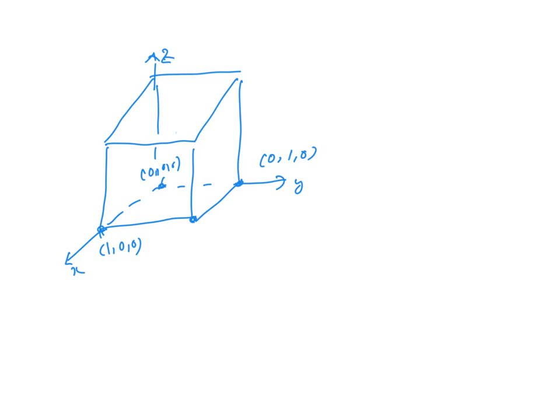This is 0, 0, 1. This point is 0, 1, 1. This point is 1, 0, 1. This point is 1, 1, 0. This point is 1, 1, 1.